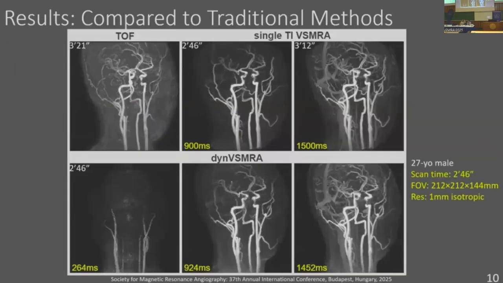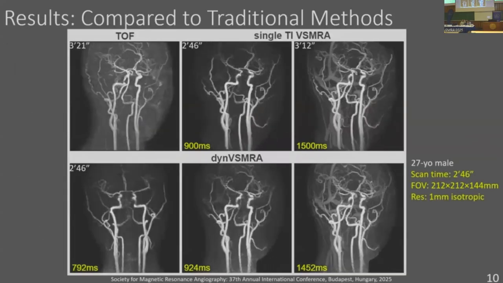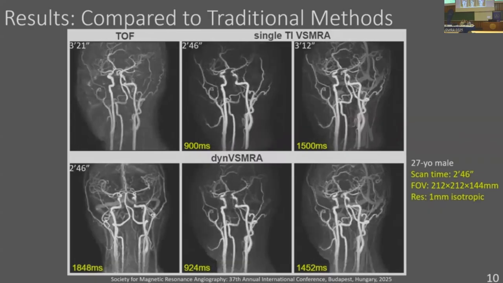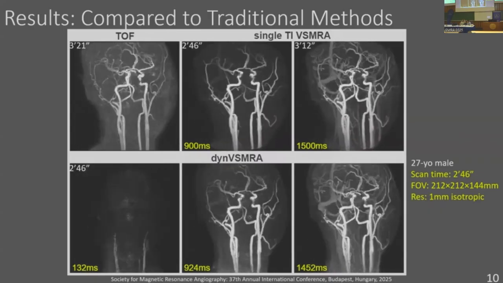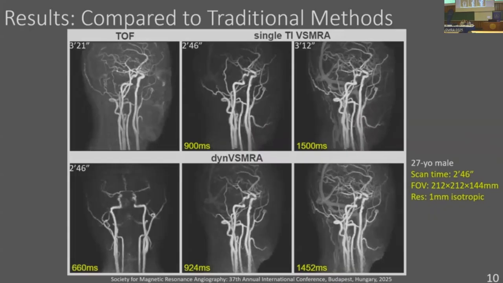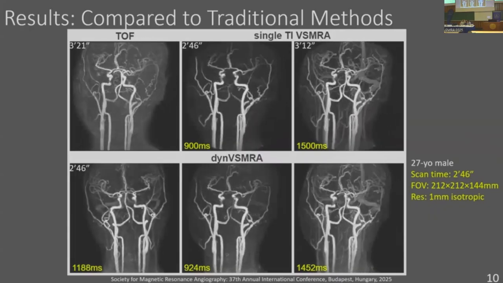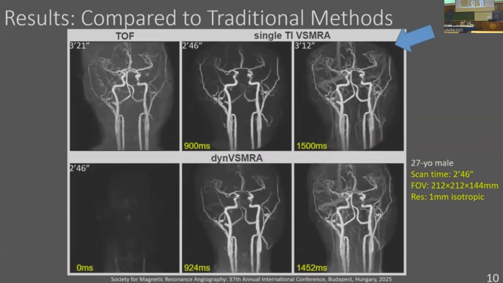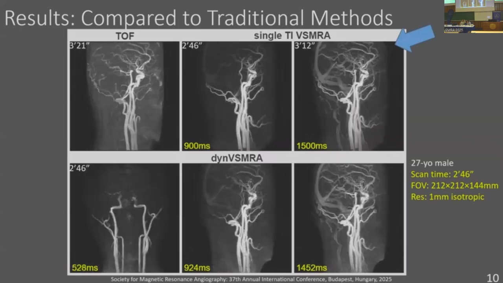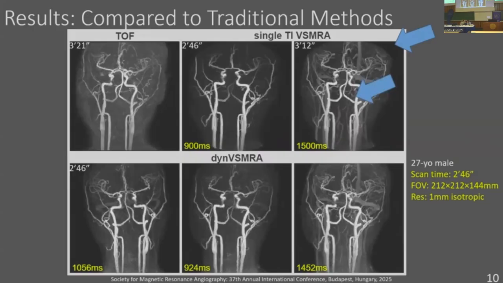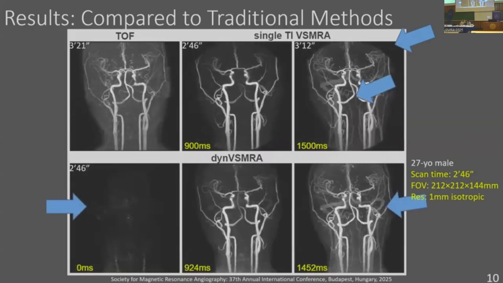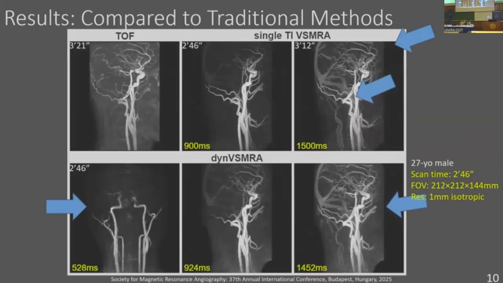This figure compares the cerebral dynamic VSMRA with time of flight and the single TI VSMRA. Compared to time of flight and TI of around 900 milliseconds images, TI of around 1500 millisecond images resulted in more distal and slow flow arteries, like vertebral and basilar arteries, but were subject to recovered venous signal.